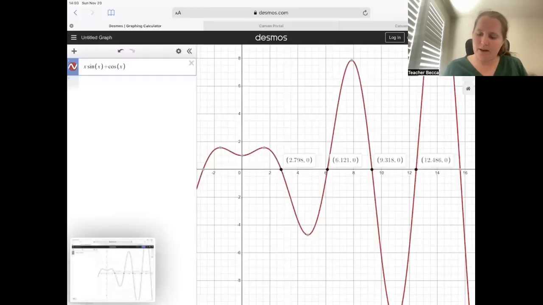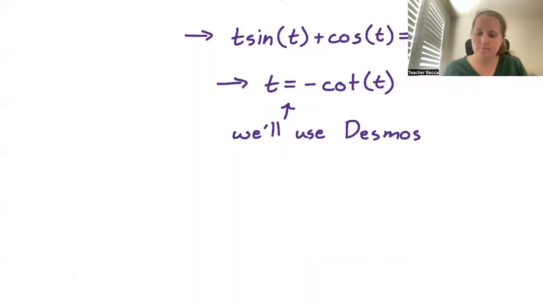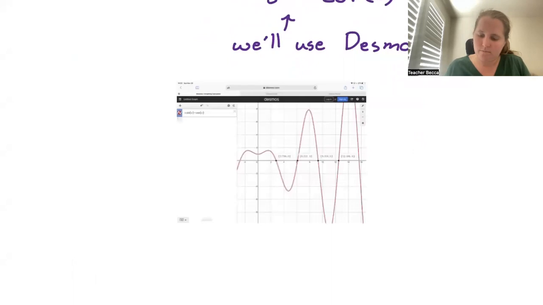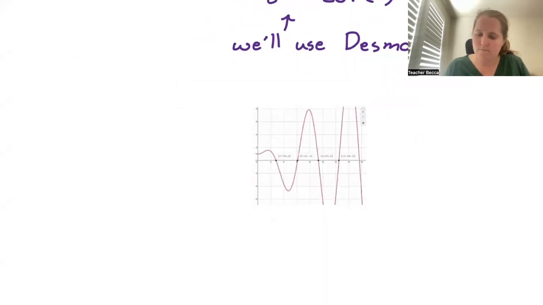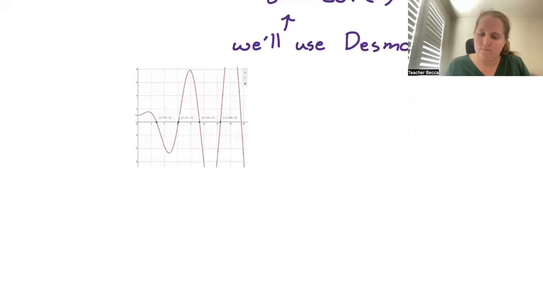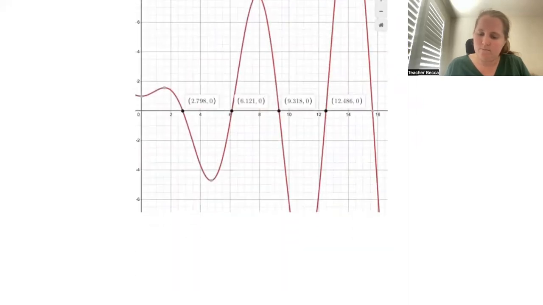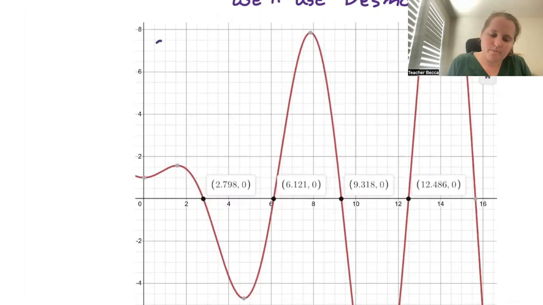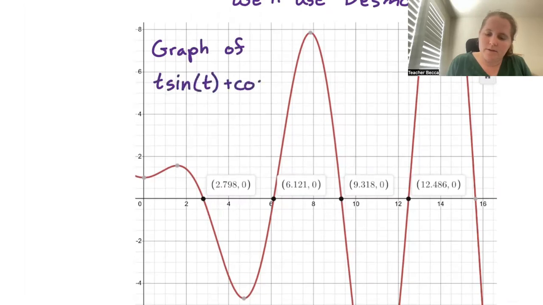So if we transfer that back to our notes, this is the graph of t sine of t plus cosine of t.